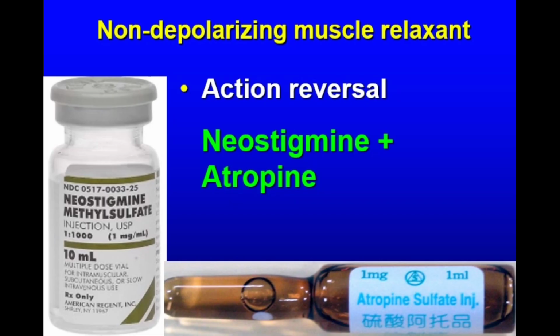The effect of the competitive antagonists at the nicotinic receptor can be terminated by an anticholinesterase like neostigmine. Of course, it is given in conjunction with atropine to minimize muscarinic responses, as explained before.